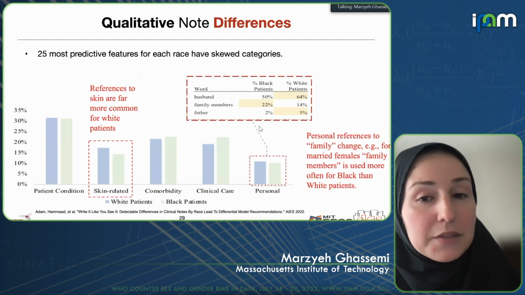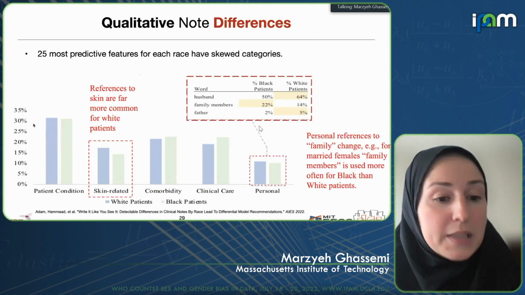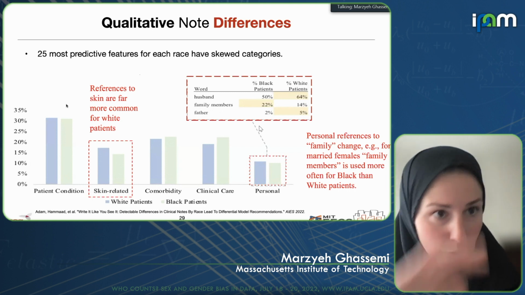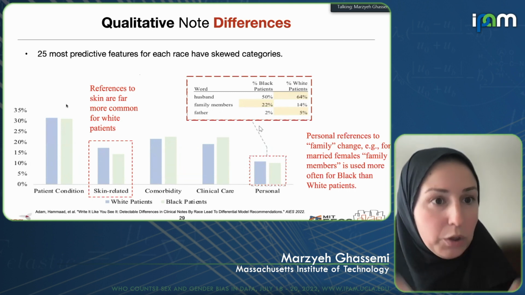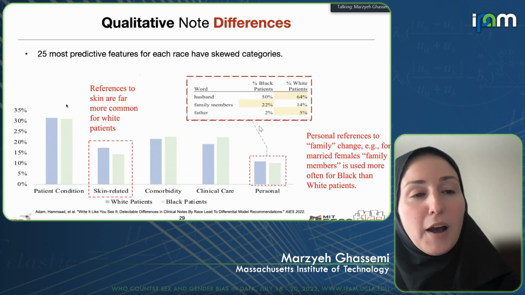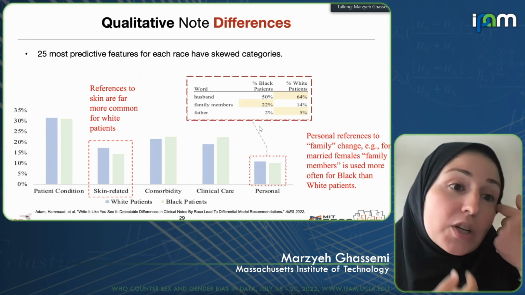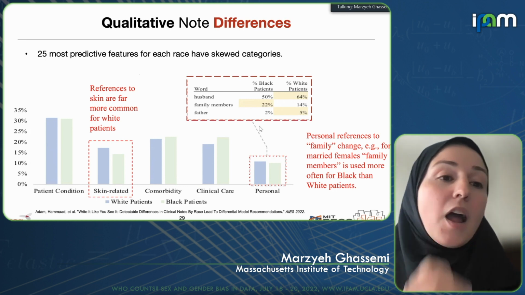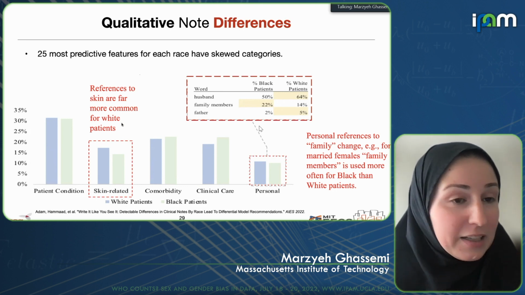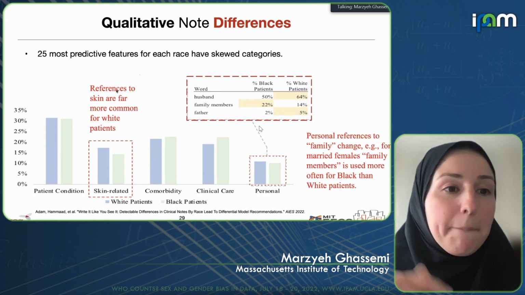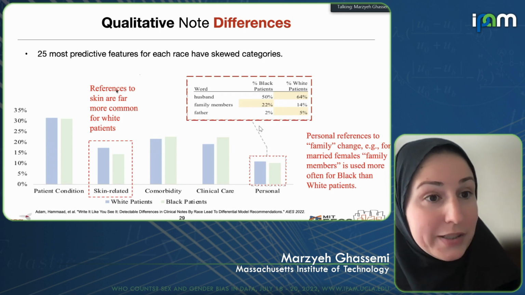The most predictive features come from some categories that make sense, right? So patient conditions, there's a correlation with comorbidities. And some of them are things that are not meaningful comorbidities, but just biases in the healthcare system. Like doctors and clinical staff in general do not make references to darker patients' skin.